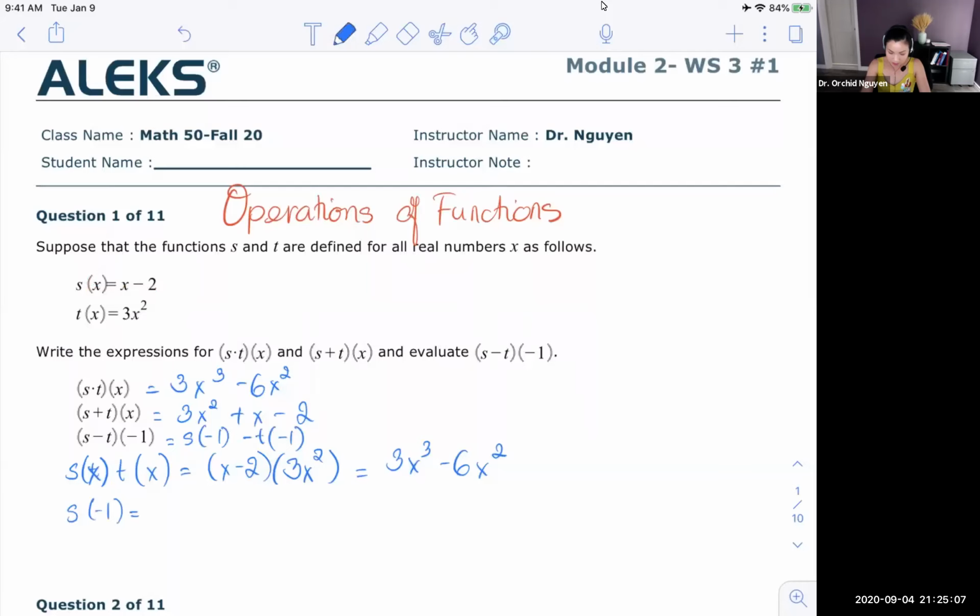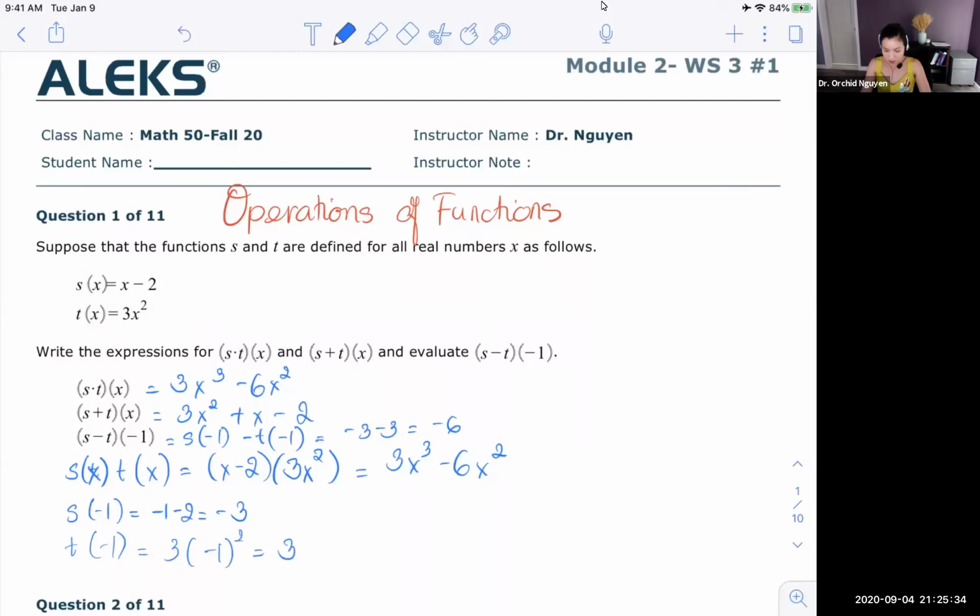So s of -1 is going to be -1 minus 2, which is -3. T of -1 is going to be 3 times -1 squared, which is 3. So for subtraction, it is going to be -3 minus 3, which is -6.